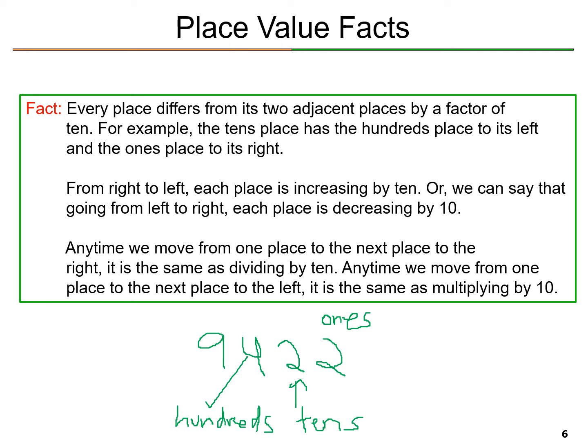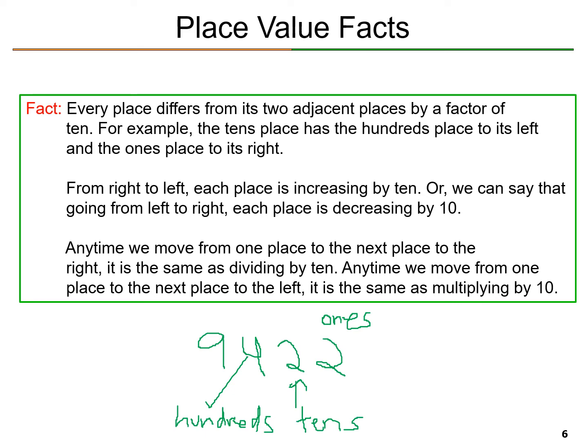Now again, when I go from left to right, I'm dividing by 10. When I go from the thousands place to the hundreds place, that is 10 times smaller because 100 is 1,000 divided by 10. When I go from the hundreds place to the tens place, that's a division of 10 because 100 divided by 10 is 10.